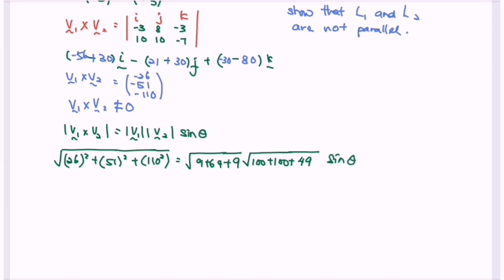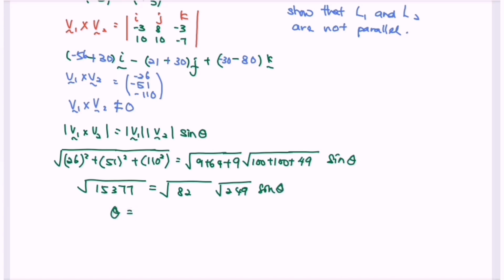Then we have sine theta. Can I simplify? For the left hand side, we have the square root of 15377 equals the square root of 82 multiplied with the square root of 249 and then sine theta. Continue.